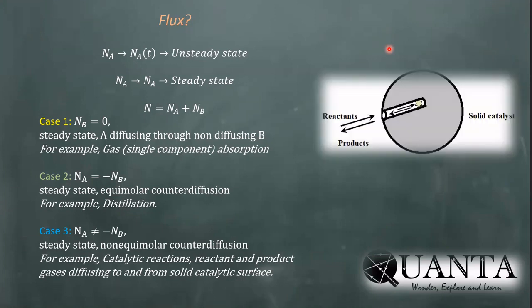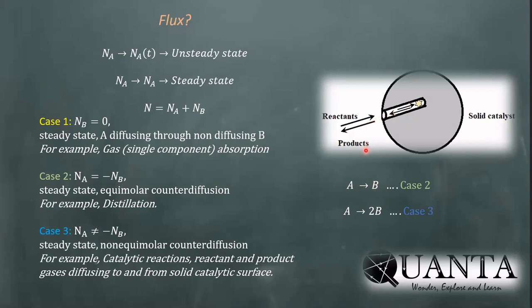Let's see an example more clearly. Here in the diagram, I have shown the solid catalyst as a sphere with a single pore in it. The reactants move through the pore onto the catalytic site and the products move out. So if we focus on the opening of the pore and on that plane, we could see if the reaction is case 2, in which A decomposes into B, the number of moles of A entering into the pore and the number of moles of B coming out are exactly the same, and it is counter diffusion.